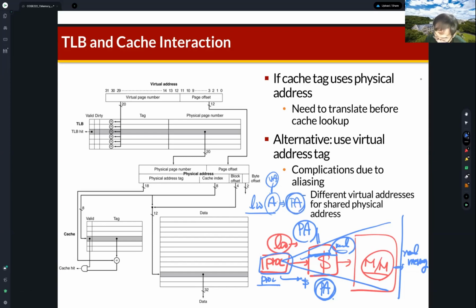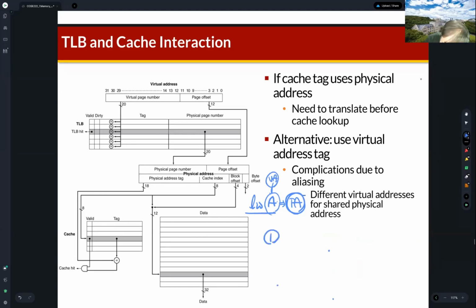Which means we need to first check the TLB in order to translate the virtual address into the physical address.